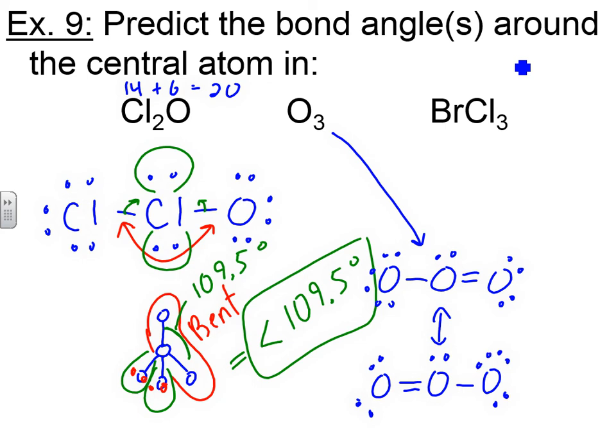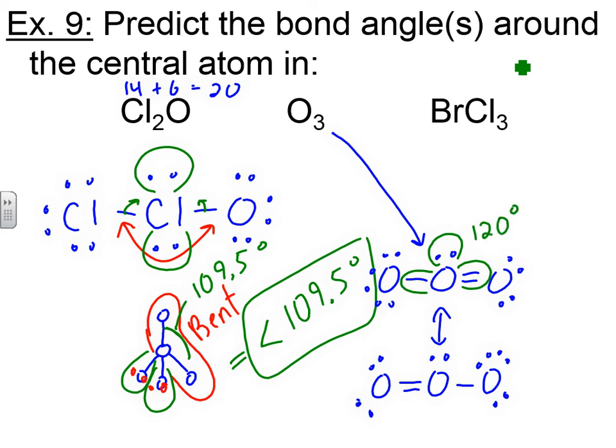Now this is based on the electron geometry of 1, 2, 3, so this is based on trigonal planar electron domain geometry. And trigonal planar has 3 areas of electrons, which means they'll go to 3 opposite sides of a circle. You get 120 degrees. Now, here we're essentially measuring this bond angle.